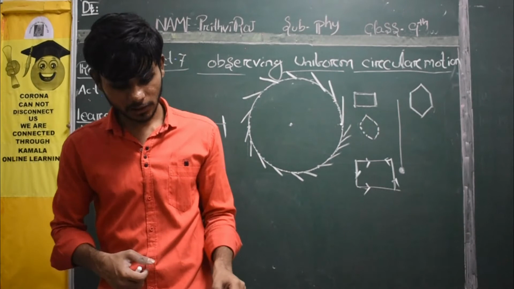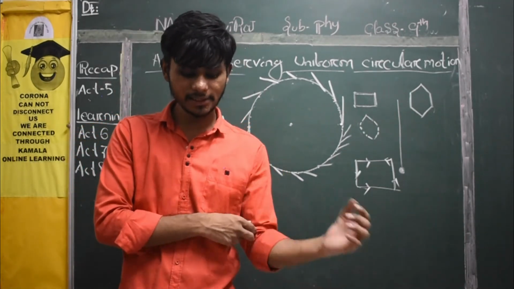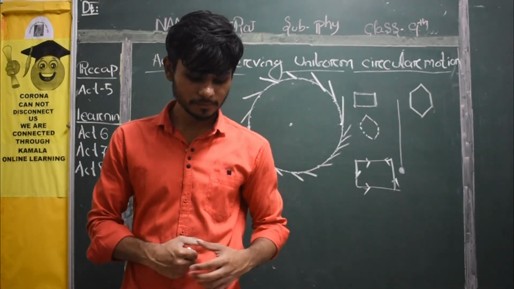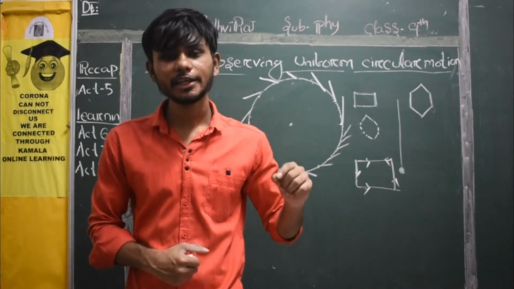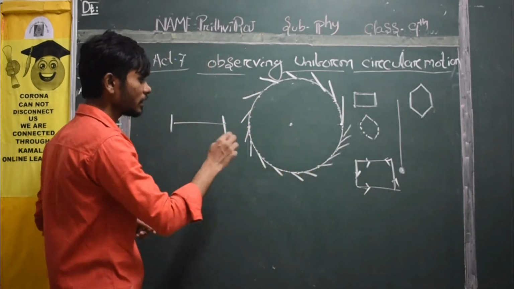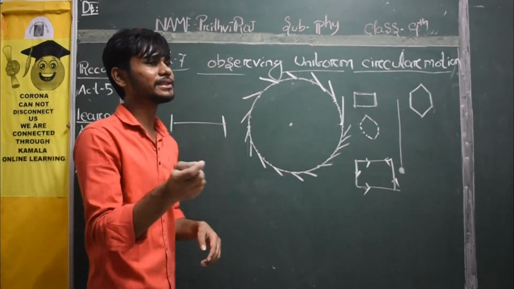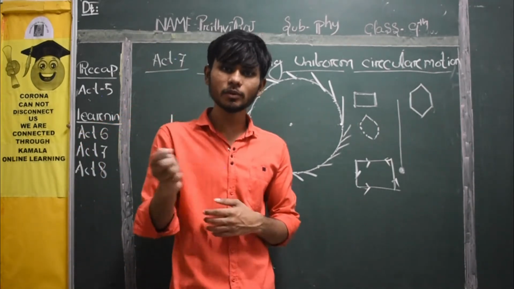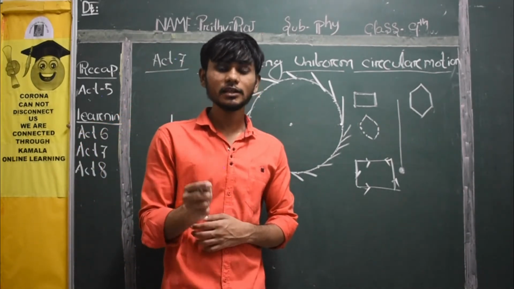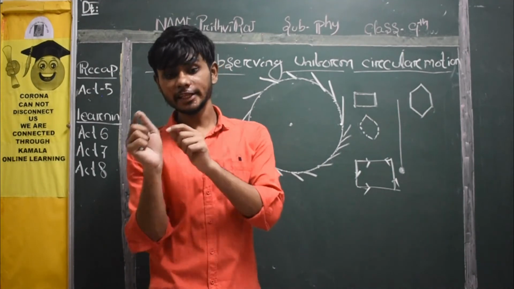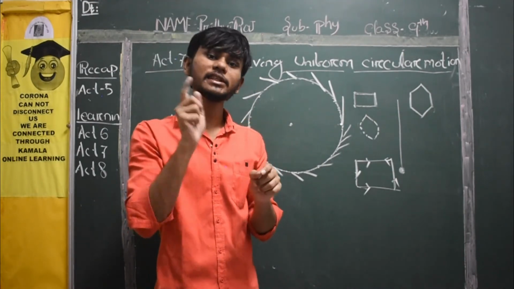So here we can conclude that in this activity we observe that though speed remains constant, its velocity changes. Here speed is constant, because you are the one who is moving it. But according to our physics, its direction is changing, so velocity is changing.